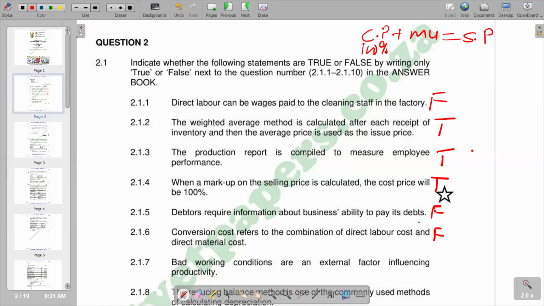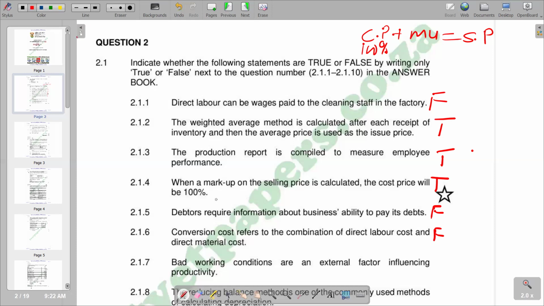So it includes direct labor and all manufacturing overheads. The calculation of conversion costs is direct labor costs plus manufacturing overheads. Then you get your conversion costs. So that's what we have.